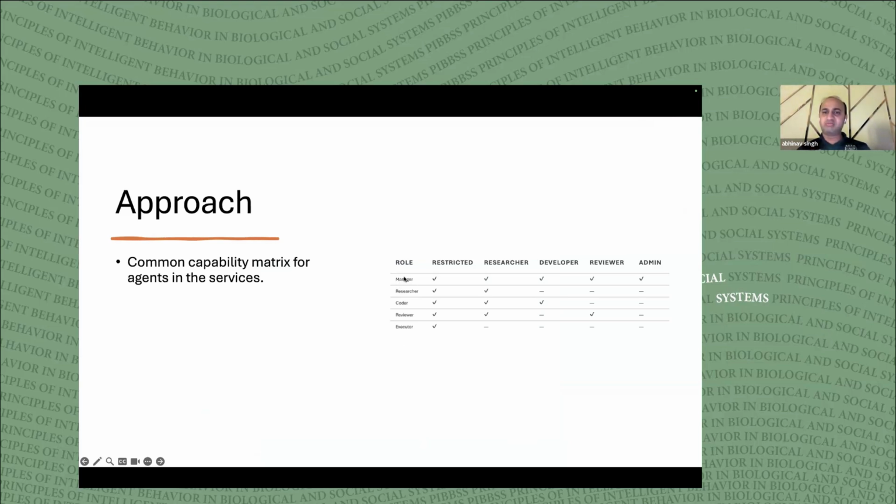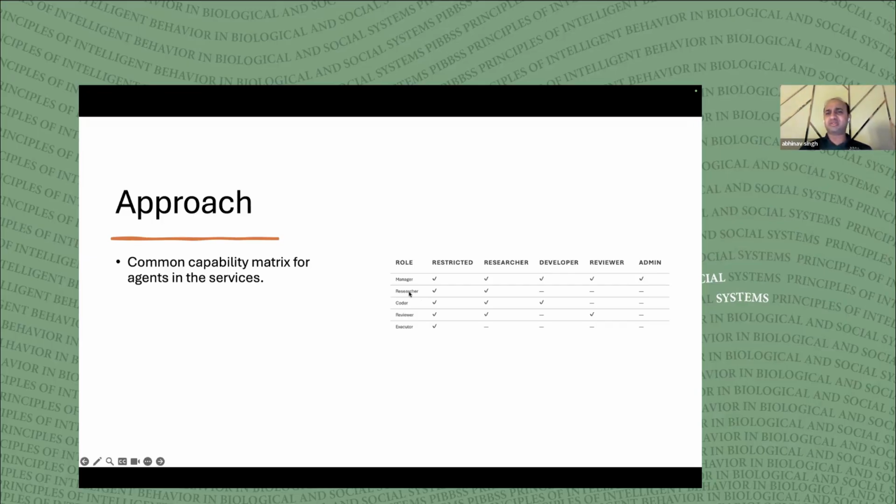For example, there would be a manager agent that would have the highest level of access in the system. And then there would be some lower privilege agents as well. For example, the researcher agent is the one that can have access to the internet so that it can access information. Let's say I give my research agent a question: figure out how I can delete all the files from my system or something like that.